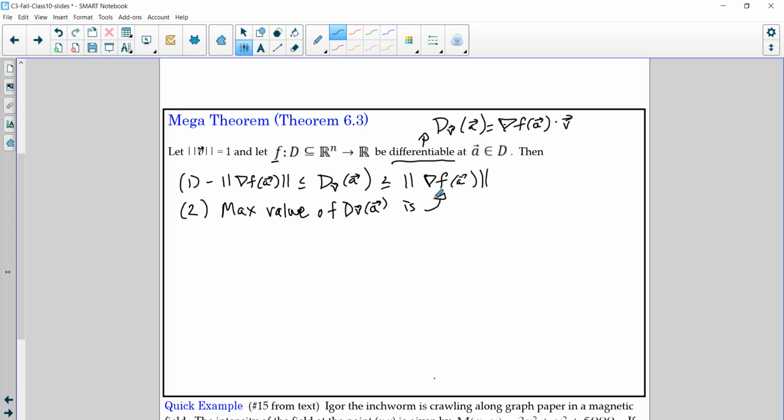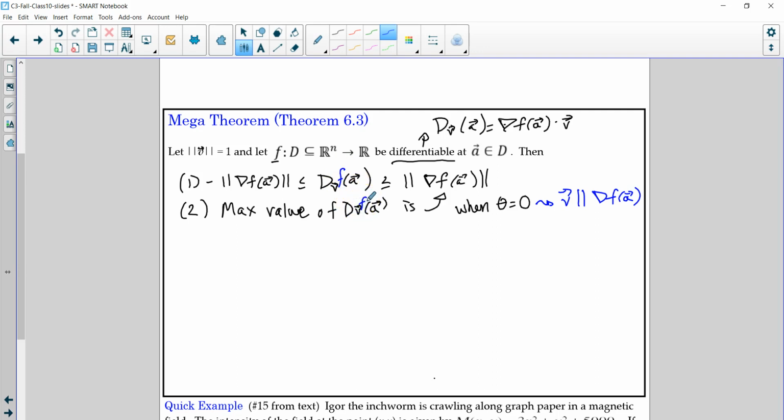That corresponds to when theta is 0, and so if we think about the geometry, that means that v is parallel to the gradient of f at a. And I just realized something I want to fix: this should be D_v f of a, so please make that correction.